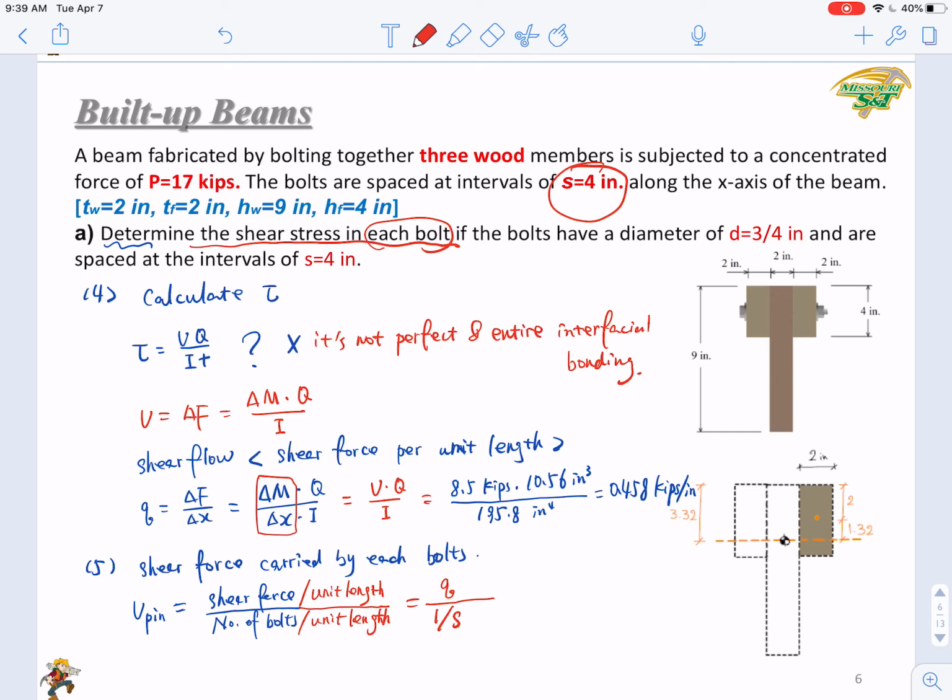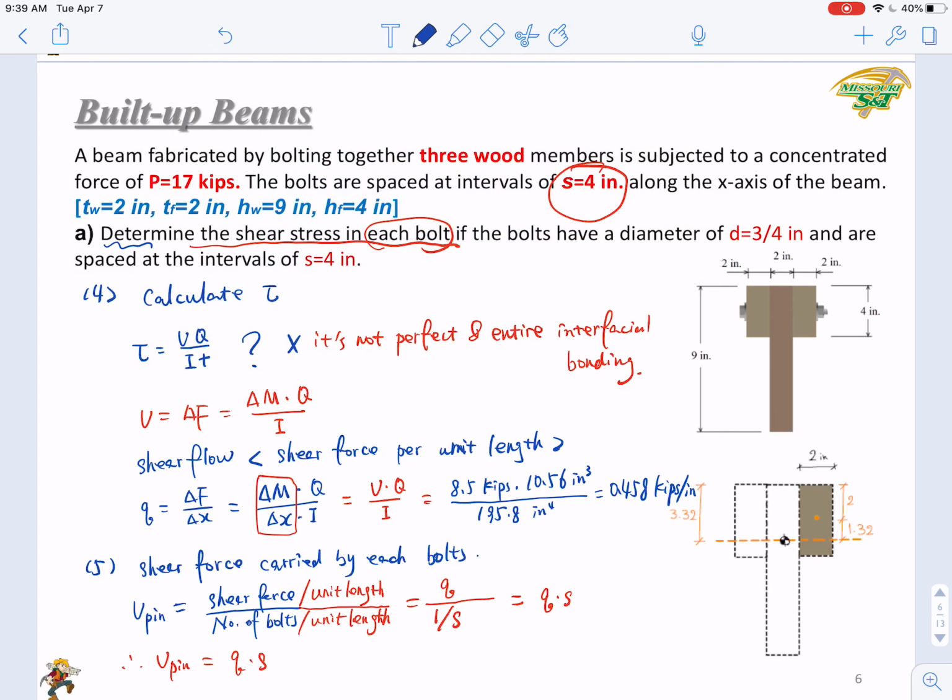So here we get the equation: q is the shear flow and s is the spacing between bolts. This is a constant when you design a built-up beam. So the V pin can thus be calculated as q times s. This is our equation.